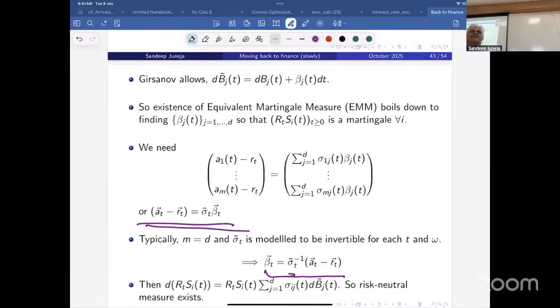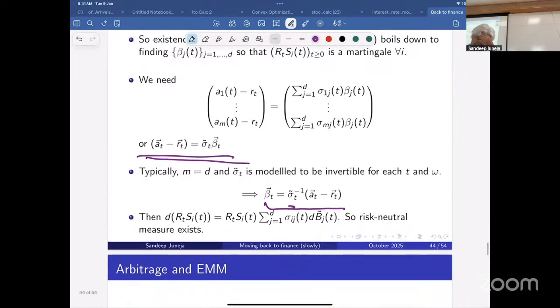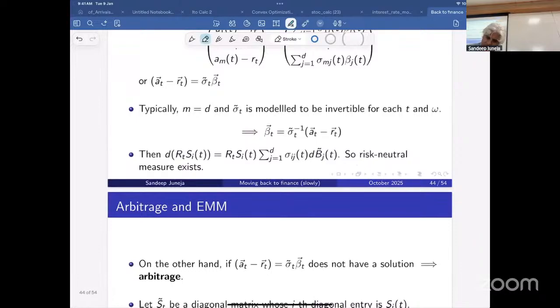So for that reason, we might as well look for sigma t, which is invertible. So when we do the fitting process, we look for sigma t, which is invertible. All right. So it's very nice how theory and practice go very nicely together in this world. Okay. So then we have a martingale. So then this neutral measure exists.